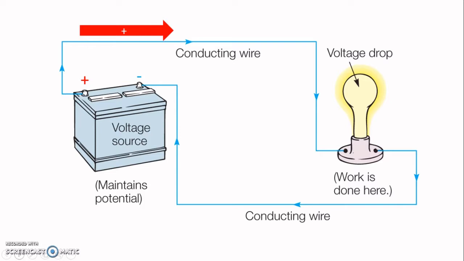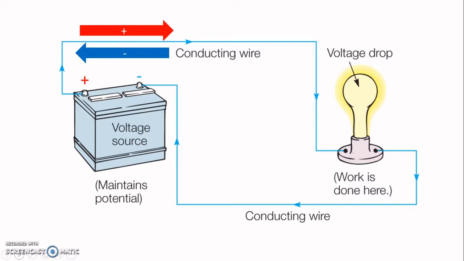But at the same time, any negative charges in this wire will flow away from the negative terminal towards the positive terminal. So at the same time, you have positive charges moving one way and negative charges moving the other way. That's happening simultaneously. So what direction do we indicate for current, since there's motion in both directions?